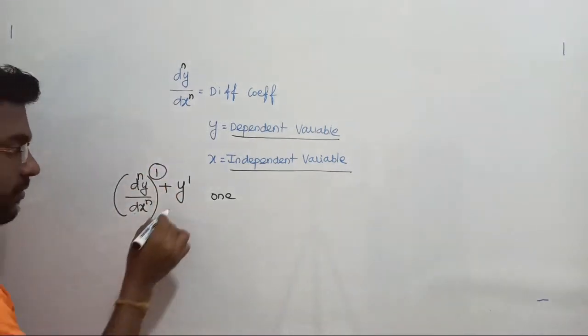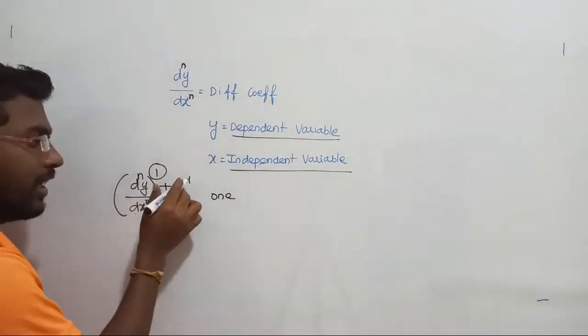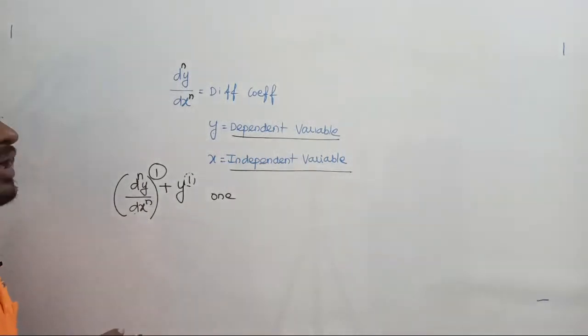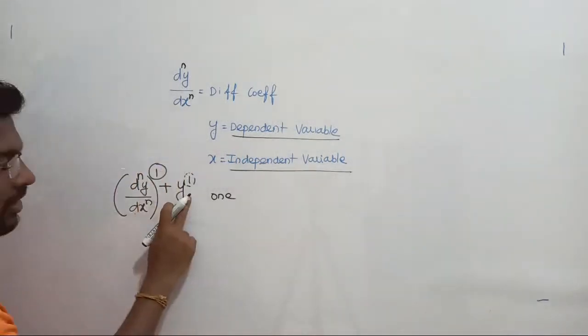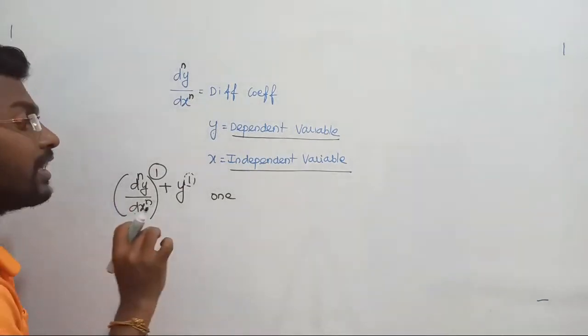That's very important. Similarly, as you reduce down to the final step, if the dependent variable is there, its power must also be degree 1. The degree of the differential coefficient must be 1, and even if the dependent variable comes alone, its degree must also be 1. That is the first condition in order to be a linear equation, right?